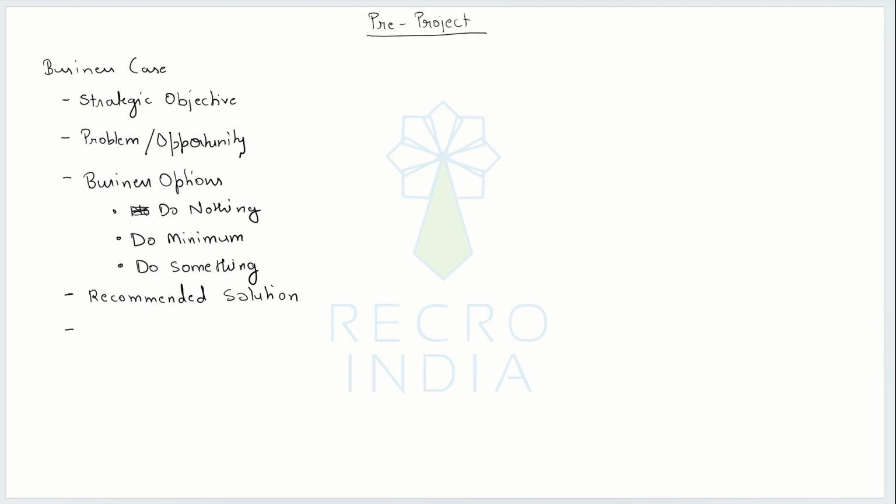First of all, what are the risks involved, and any assumptions that we may have taken into account. For example, we will have all stakeholder approvals in place, or we will have enough budget available to do this kind of project.